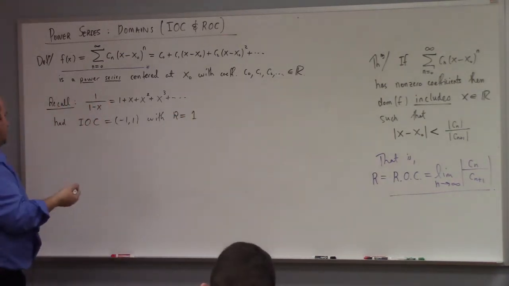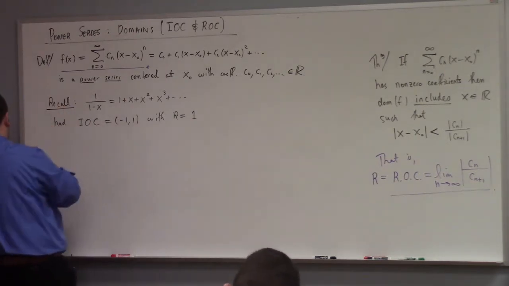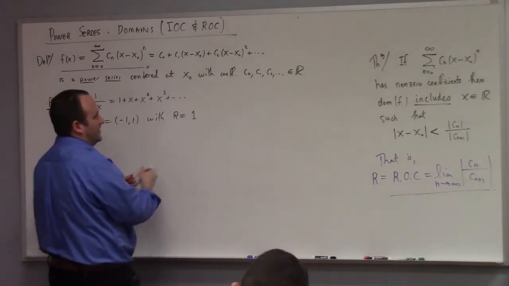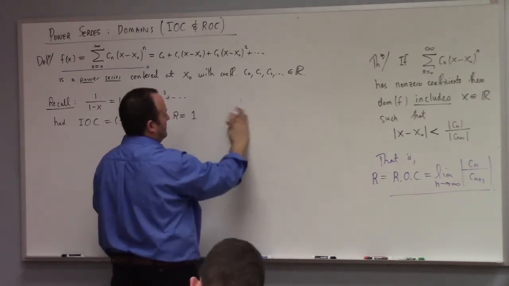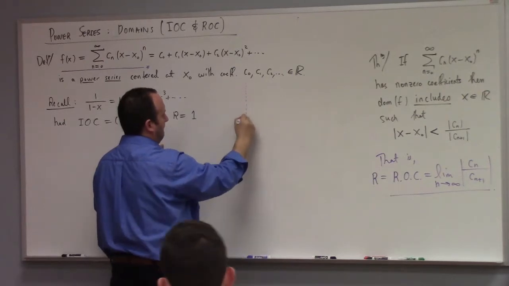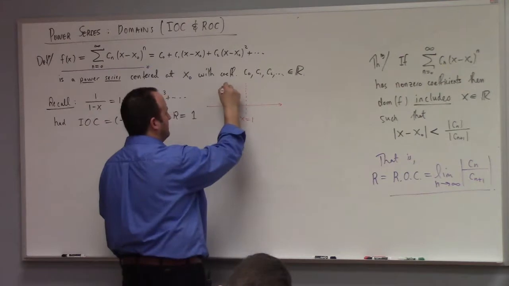And I had an idea about that: there's a vertical asymptote here at x equal to 1.